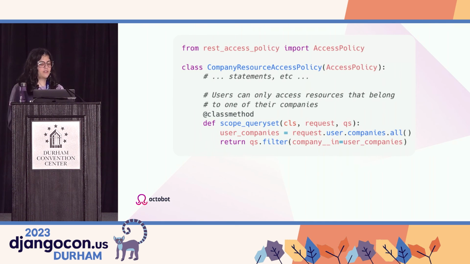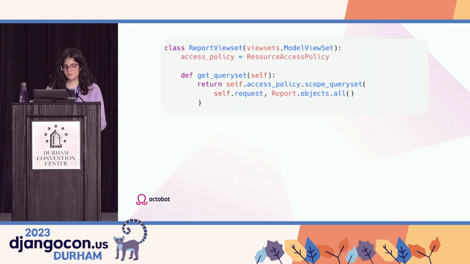So we just get the user from the request and we get their companies, and we use that to filter our queryset, whichever it may be, using company in user companies. If the model you're querying doesn't have a company field, this will crash. But it's meant for resources that are related to the company, so it's okay.